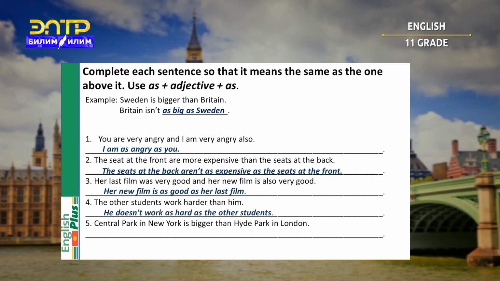He doesn't work as hard as the other students. Sentence number 5. Central Park in New York is bigger than Hyde Park in London. What do you say? You say, Hyde Park in London isn't as big as Central Park in New York because it is bigger. Yes, well done. You are absolutely right.